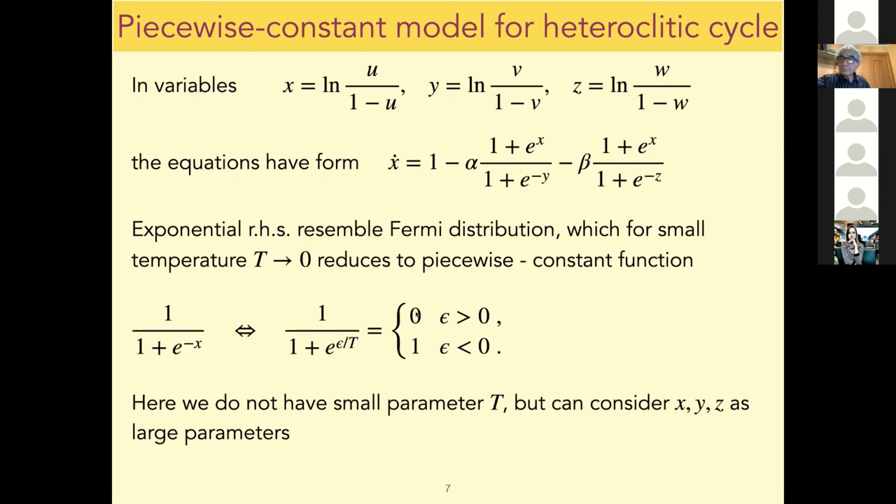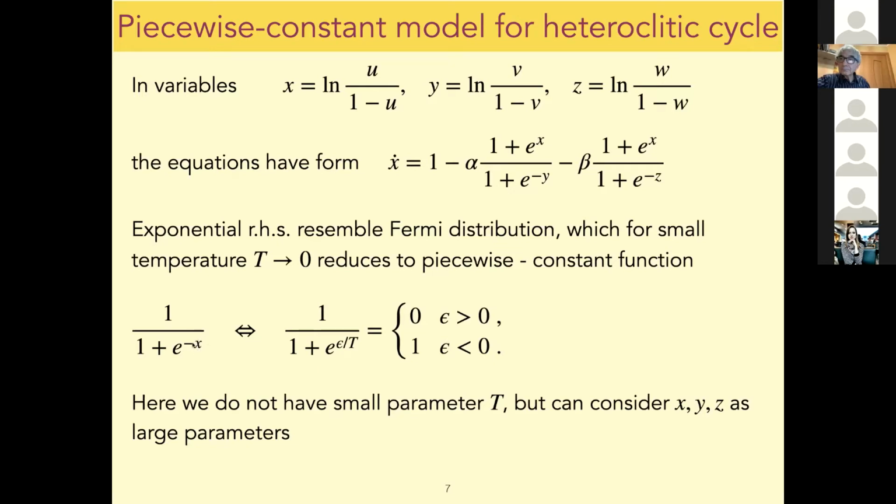And the idea is that maybe we can also approximate our right-hand sides with some kind of step function, although we don't have a small parameter here, we just have the variable x.